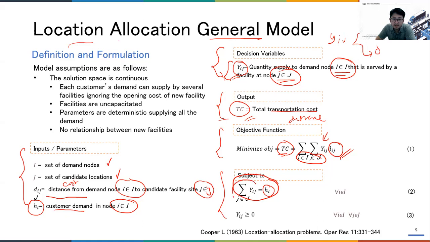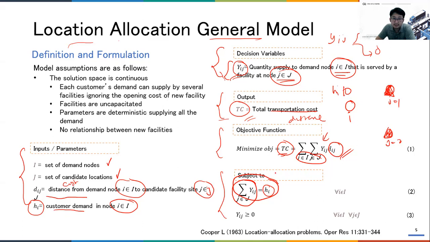All the demand can be separated into several assignments. For example, if you have i here, and this one j, sorry, this maybe triangular. Okay, this one triangular, j equals 1, and this one j equals 2. Say there are 10 units of demand Hi.